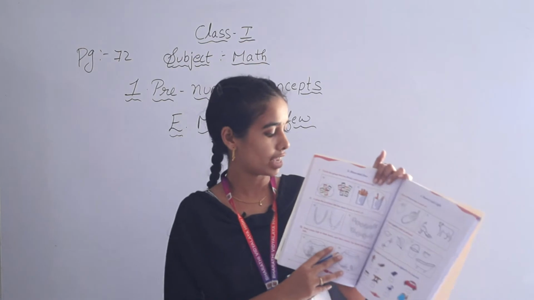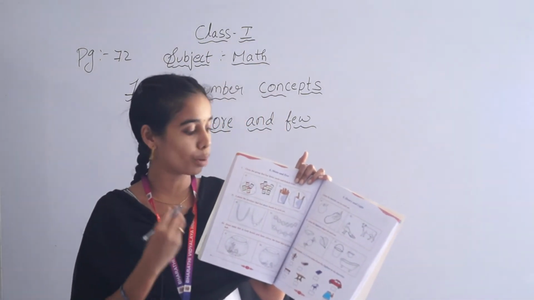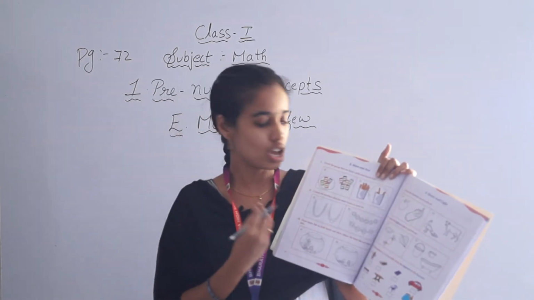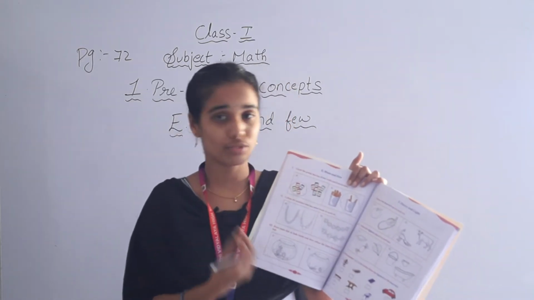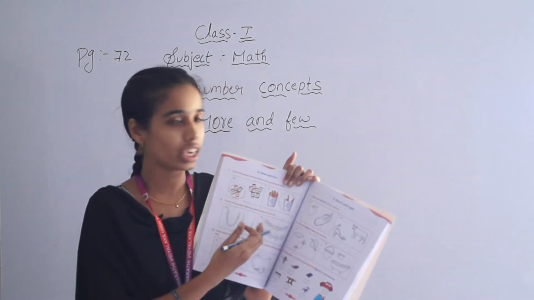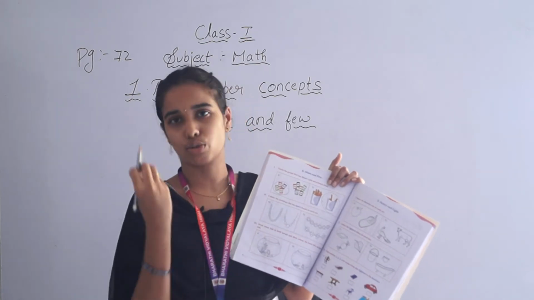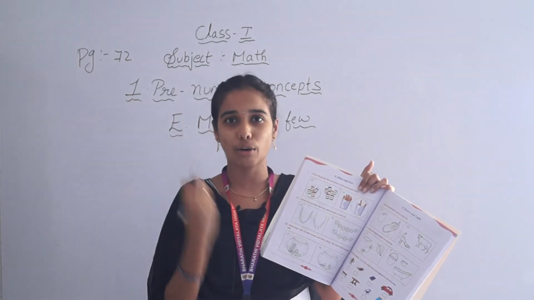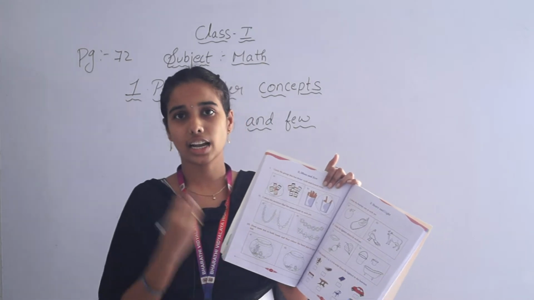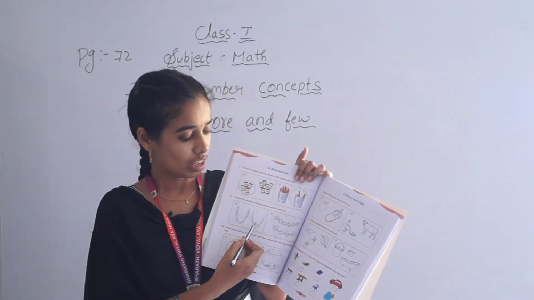So next, second Roman, circle the necklace that has more beads in each set. So they are giving some types of necklaces here. Beads are nothing but these circles. So here which has the highest, that means more, you have to color it. Only the one which has more beads you have to color, not both necklaces.